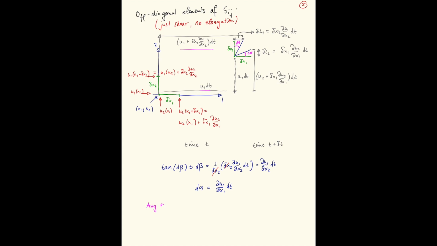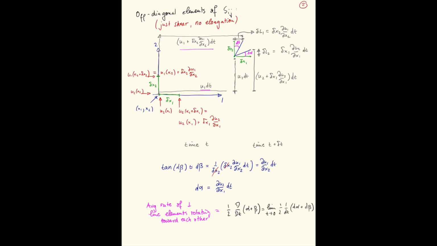The average rate of perpendicular line elements rotating towards each other is then just given by a half d by dt times alpha plus beta, which in the limit of small t, so when t goes to 0, this becomes a half 1 over dt d alpha plus d beta.